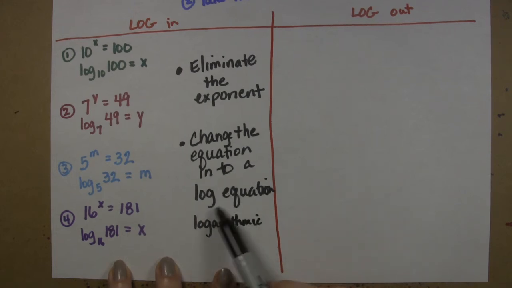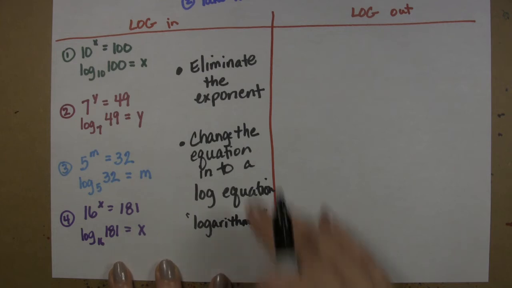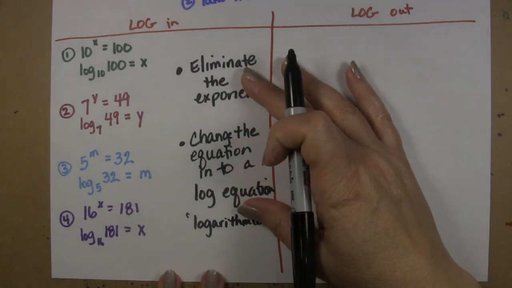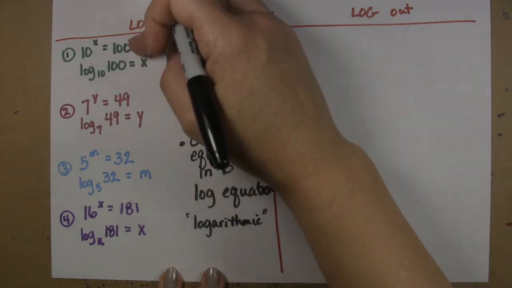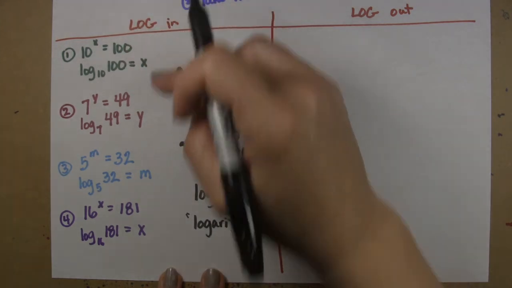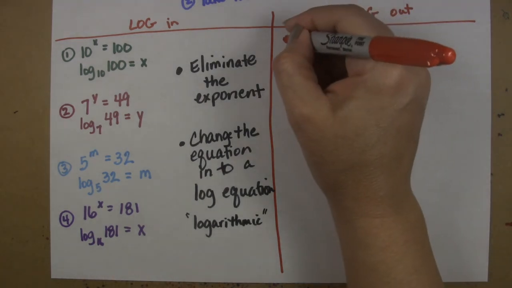So they say change it into a log equation or change it into a logarithmic equation. Those are the ways that they would phrase the problems where you're not solving, you are just rewriting. Okay, let's do a couple of examples of what it would look like to take the log out.